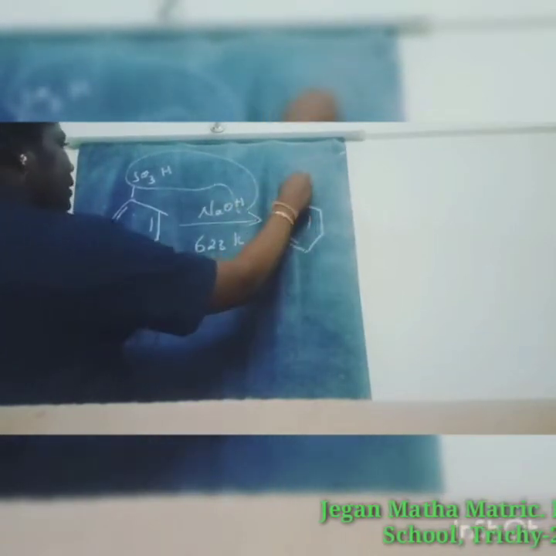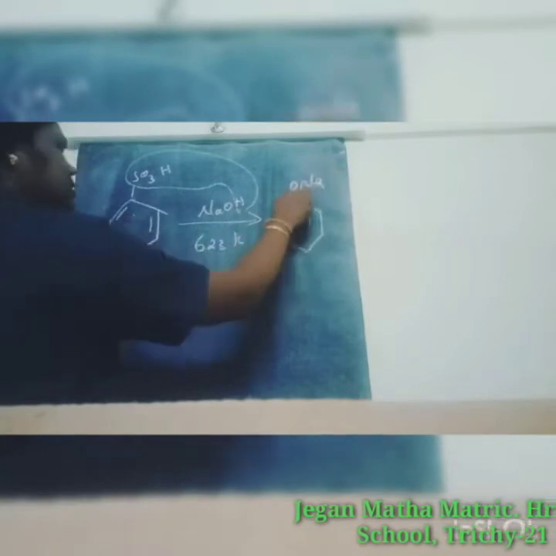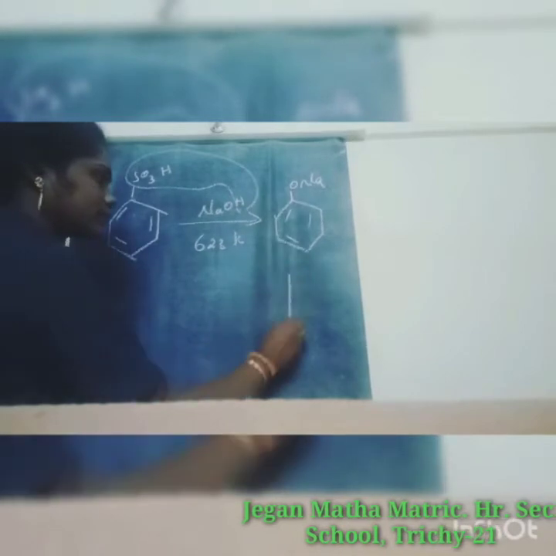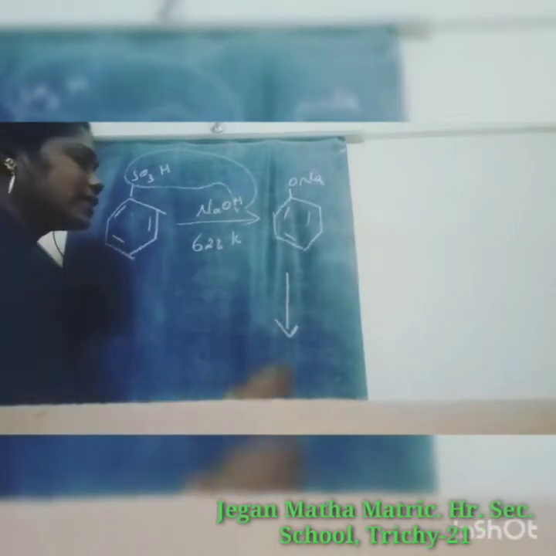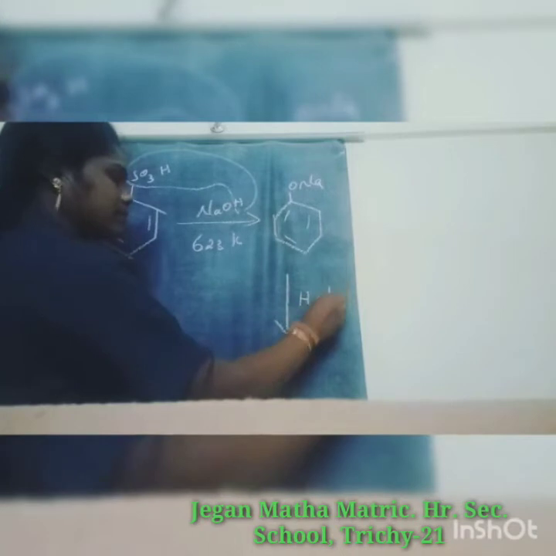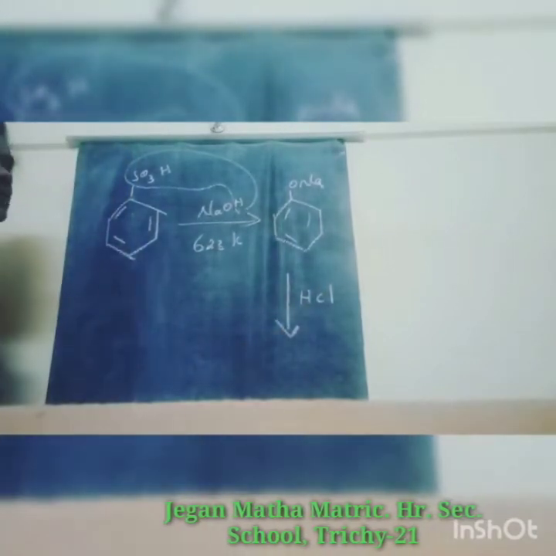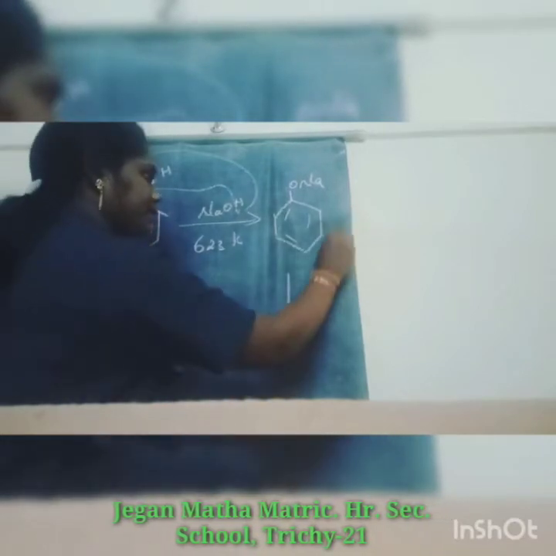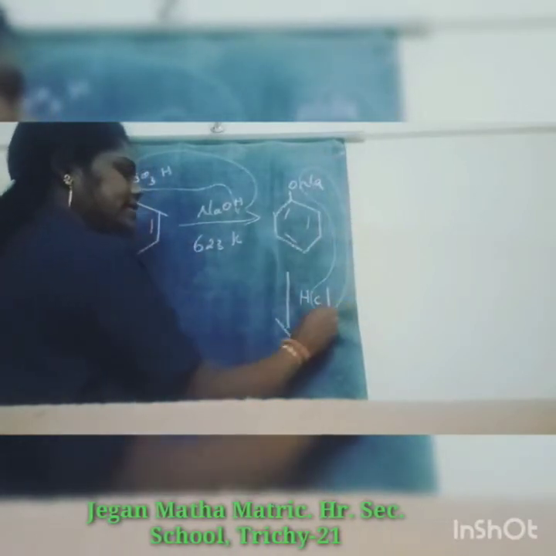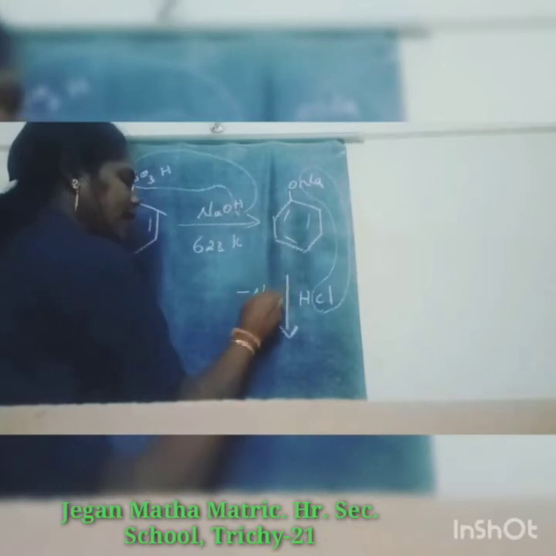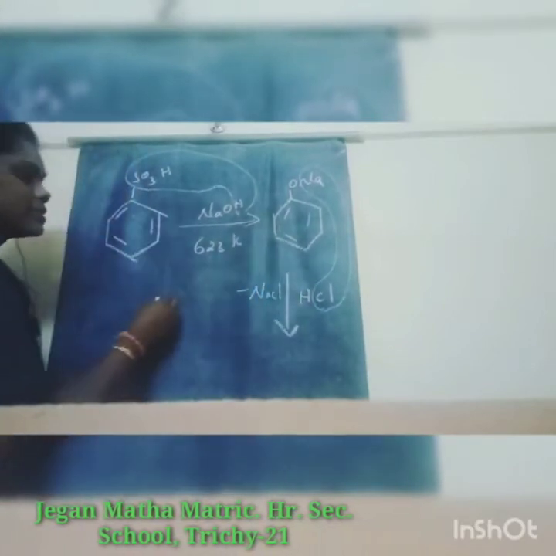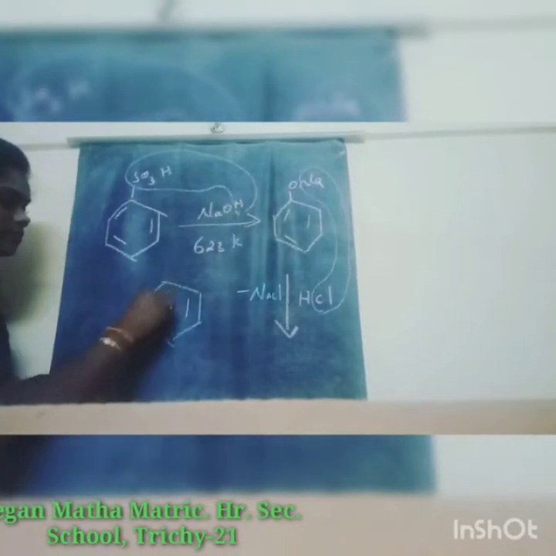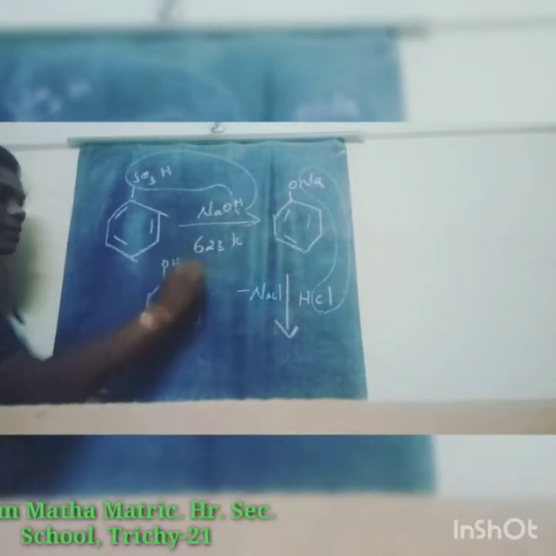Na is remaining, so that is sodium phenoxide. Okay, so again it is reacted with HCl. Here sodium chloride is removed, so minus NaCl. So it gives phenol. So that is OH, this represents phenol.